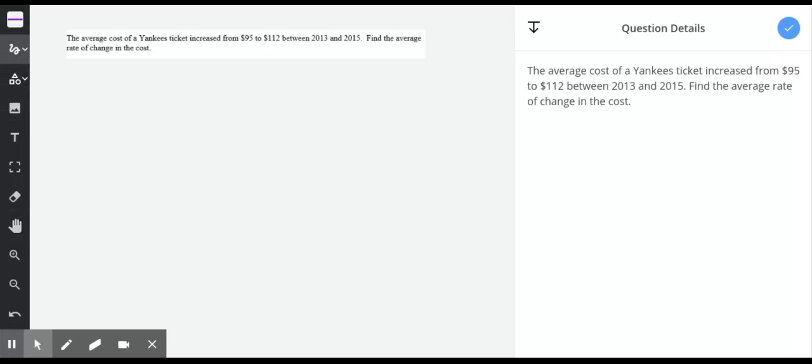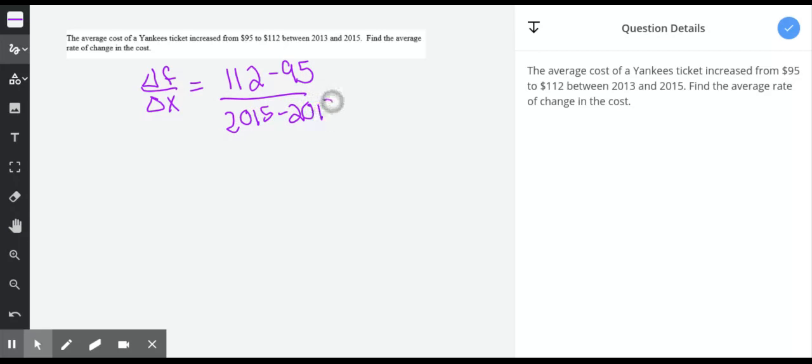So this is change in F over change in X. So it's 112 minus 95 over 2015 minus 2013. I do 112 minus 95 on my calculator, which is 17 over 2, which is $8.50 per year.